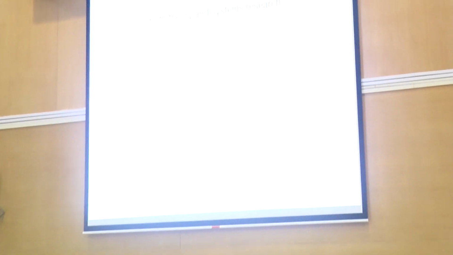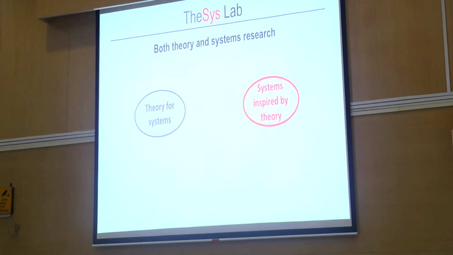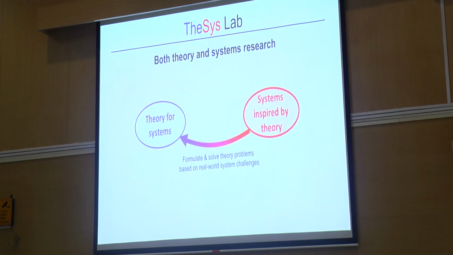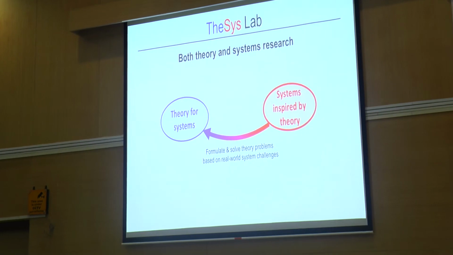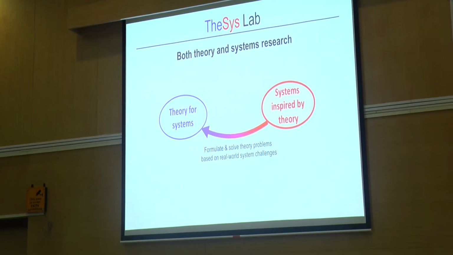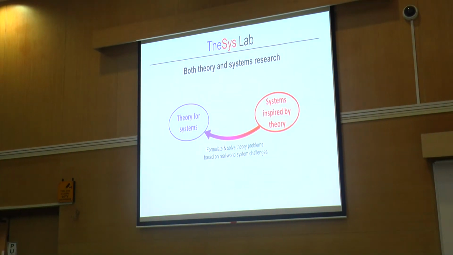Okay, cool. So before getting into the thick of the tutorial, I'll just start with a very brief overview of my research lab at CMU. I lead a research lab which I've named Thesis Lab because we do research both in theory and in systems. So we build systems and model new theoretical problems based on the real-world challenges that we observe in systems.